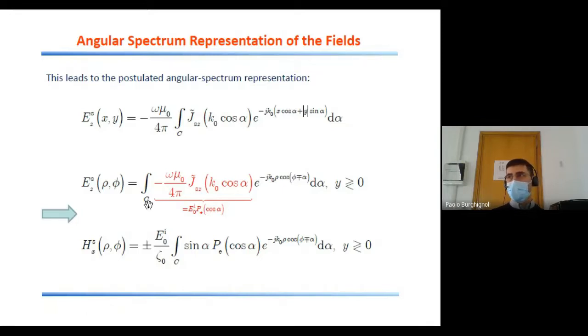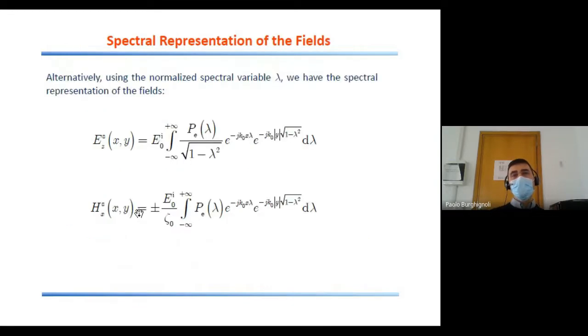Now, once we have this, we can use alternatively the lambda variable. And here is the expression of the plane wave spectrum representation of the fields in terms of the lambda variable.